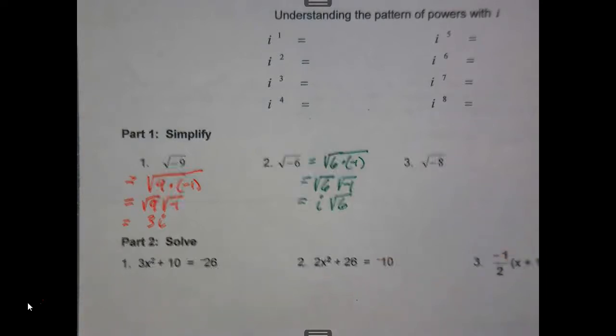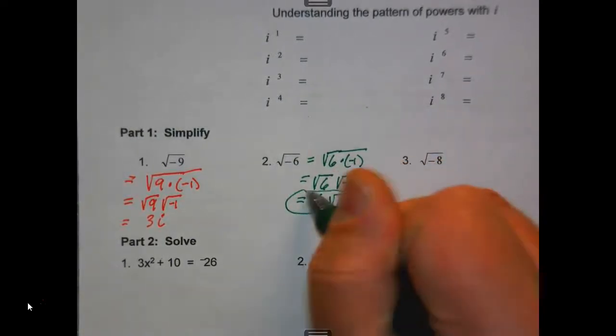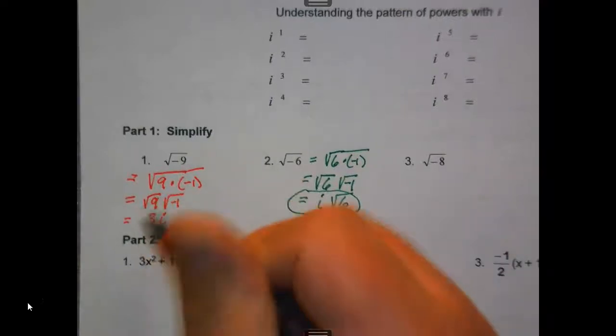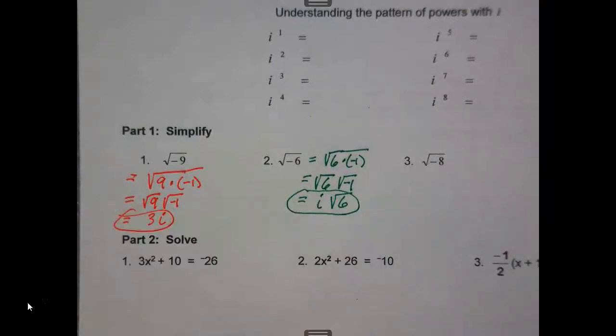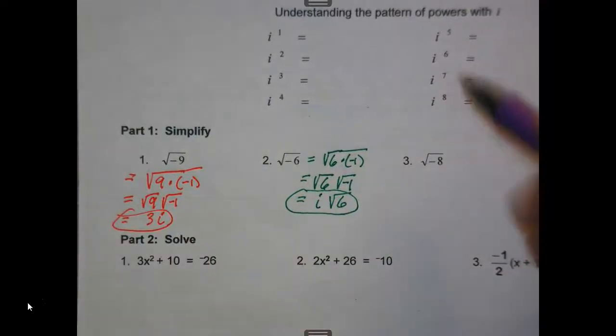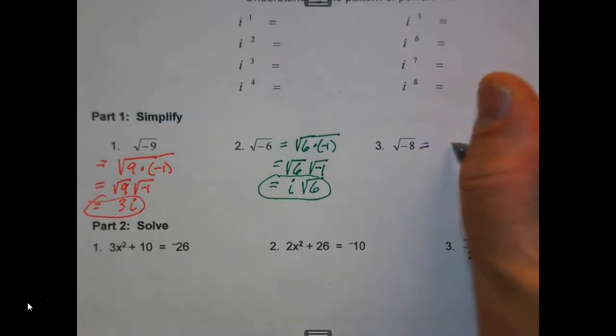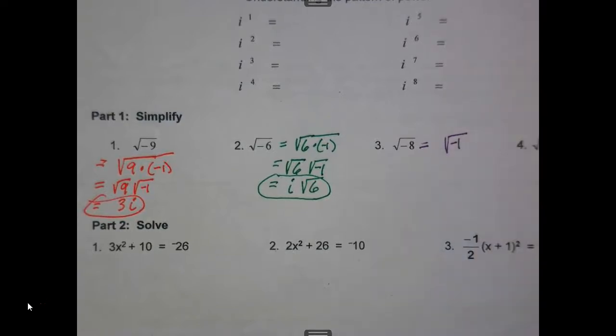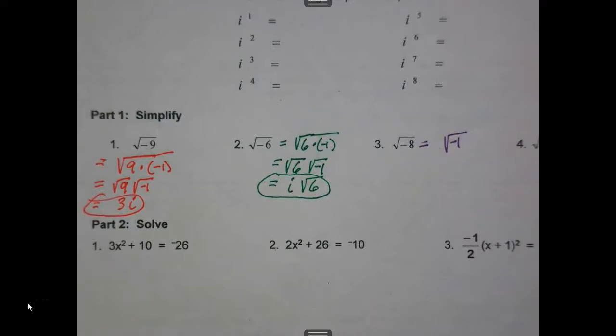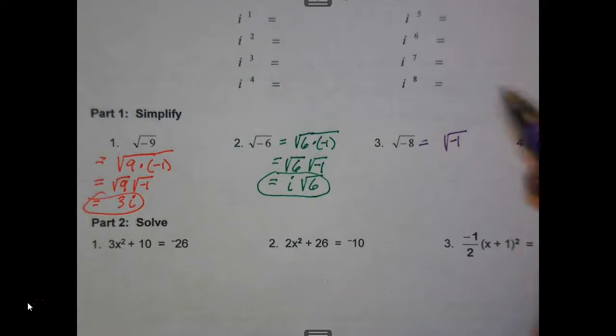Well, let's think about that for a minute. Okay, I'm going to change this to, you're right, I'm going to have a square root of negative 1, right? Now, the square root of 8. We can simplify that, can't we? What can we break that up with a perfect square as a factor? 4 and 2.